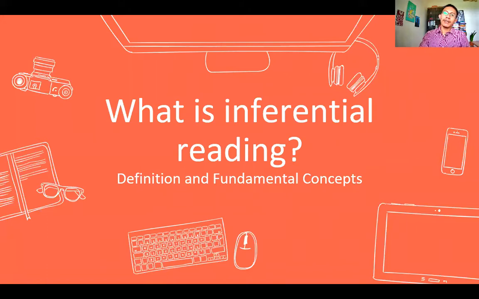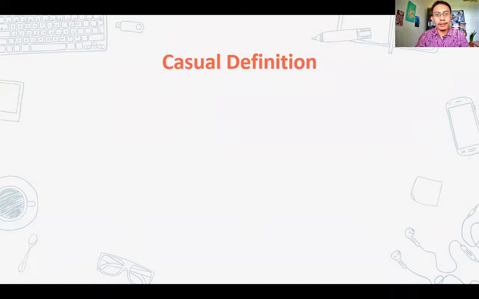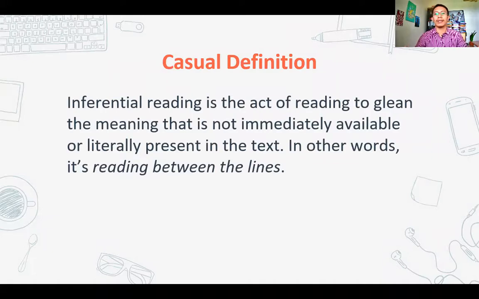Okay, today we will start with defining what inferential reading is. And to start the definition, let's just use the casual definition. What is inferential reading? In short, inferential reading is the act of, well, reading to gain information that is not explicit, that is not literal.